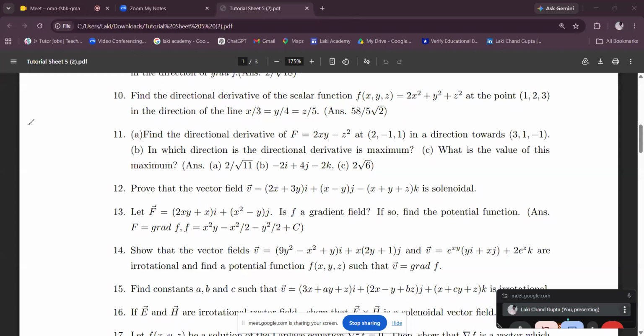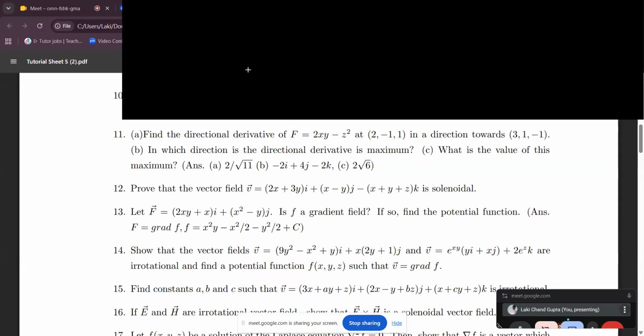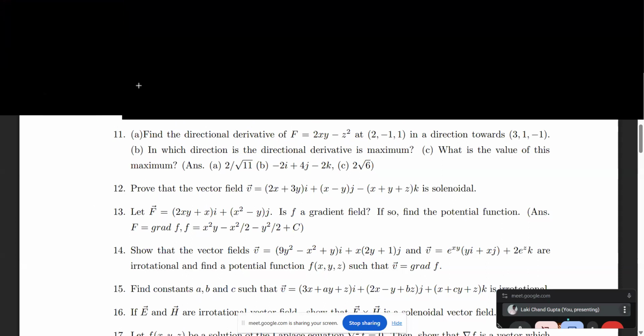Now see question number 11. The first part is easy. The second part is also easy, but the question is new. So I will tell you this also, and the C part is also a new part. So F is given, 2, minus 1, 1 in the direction of 3, 1, minus 1.